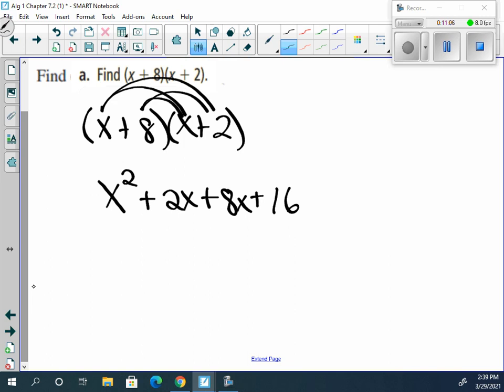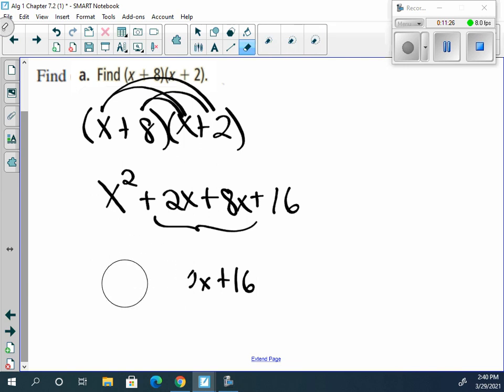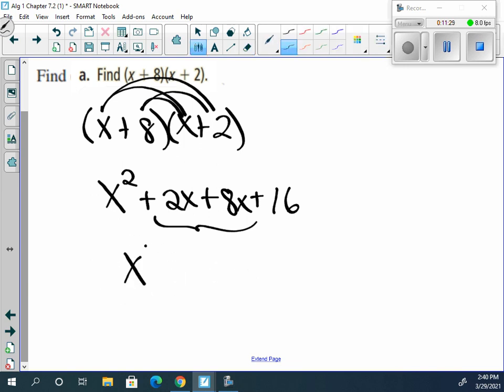Now we do have two like terms. And 2x plus 8x, because those are like terms, would give us what? 10x. So x squared plus 10x plus 16.